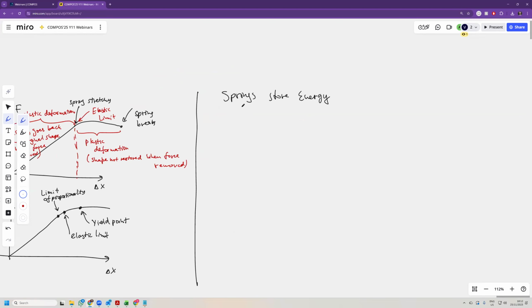Springs store energy, and the energy stored in a spring, you can imagine, is the work done stretching the spring. That's called elastic potential energy, and it's equal to the work done stretching the spring.